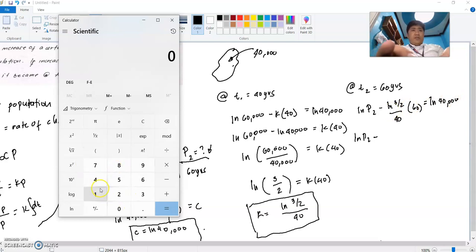So I have ln 40,000 plus this value, then common exponential.